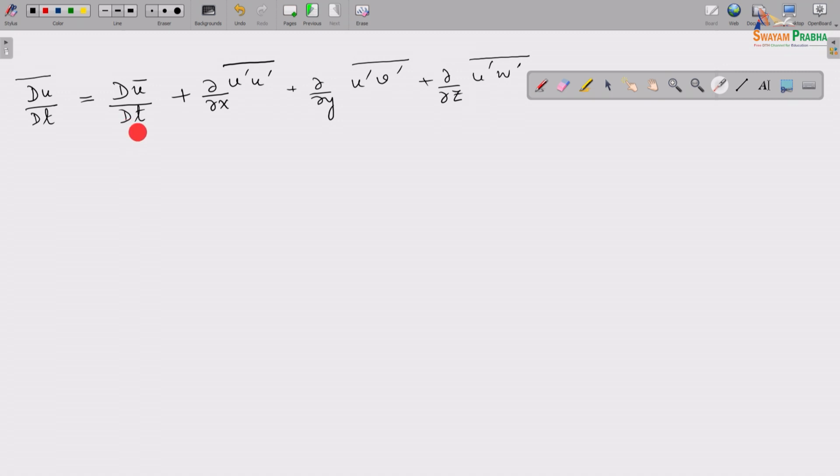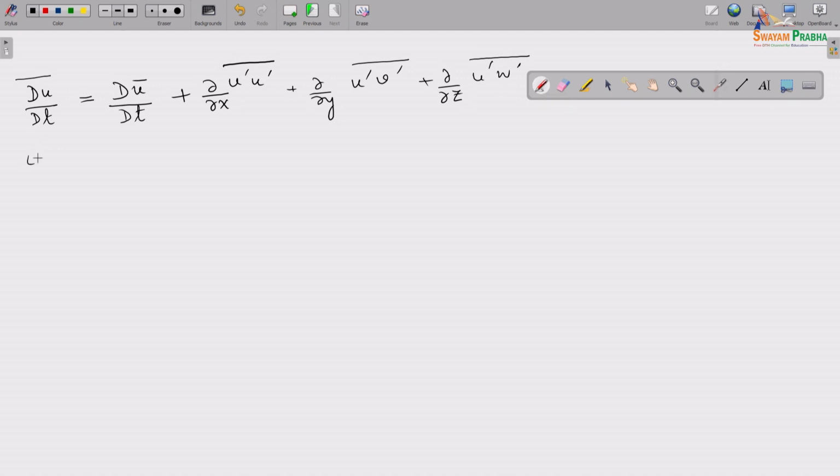This term is essentially the total derivative of the mean u component of velocity, right. So, total derivative of the mean x component of velocity. What this is, essentially, is the mean of the total change in the u component of velocity. You understand? Let me write that down.